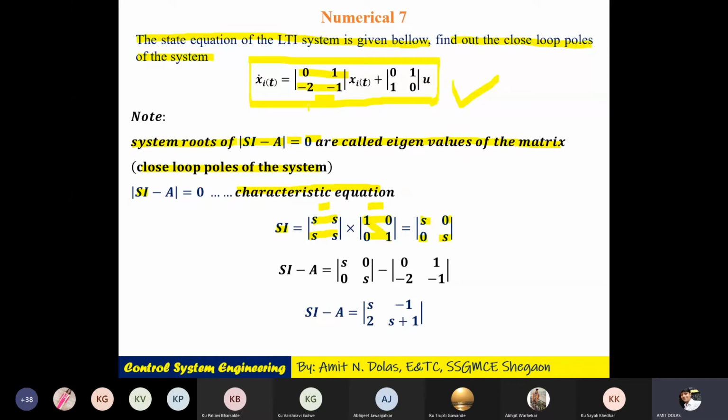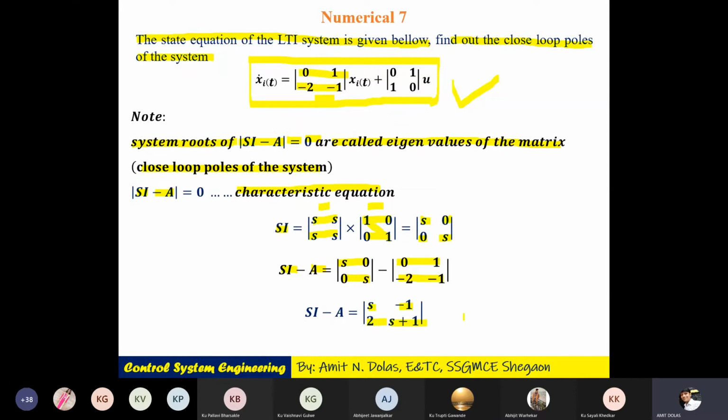Then we subtract the system matrix A. SI as it is, minus the system matrix, which is 0, 1, minus 2, minus 1. After this we get SI minus A as S, minus 1, 2, S plus 1.